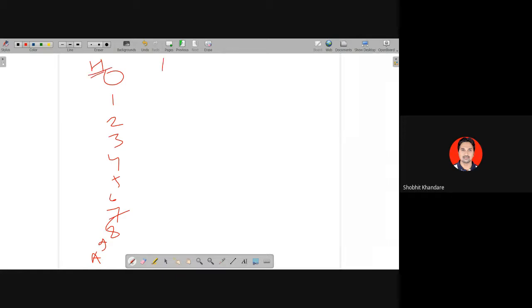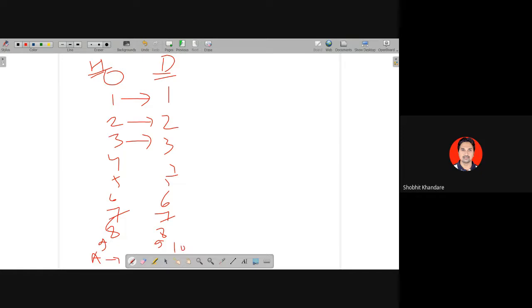When you want to convert into decimal, वो conversion मैं आपको बाद में बताऊंगा, but this will be represented as 1 in decimal, this as 2, this as 3, 4, 5, 6, 7, 8, 9, and after 9, A is represented as 10.